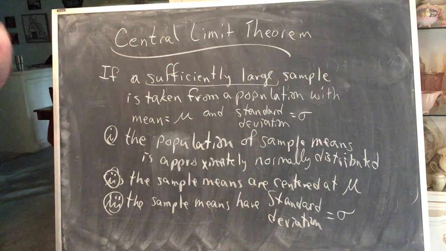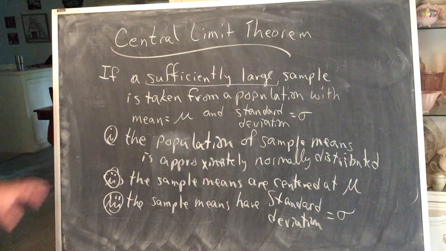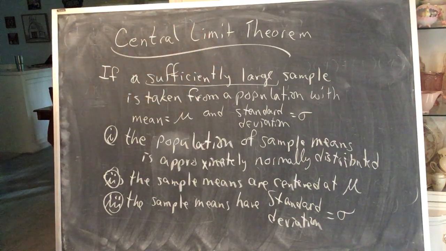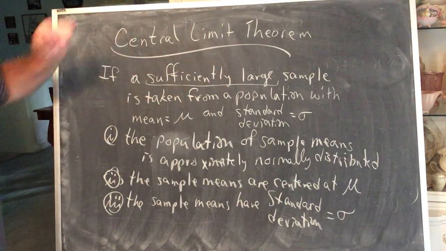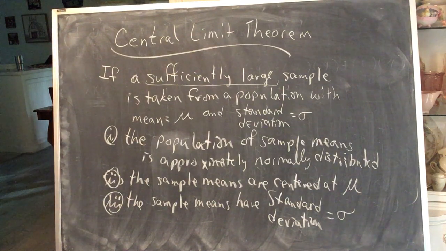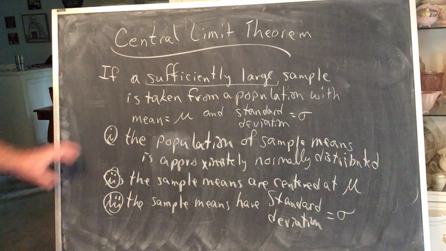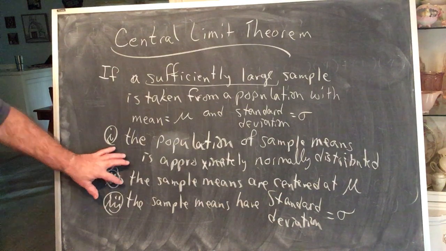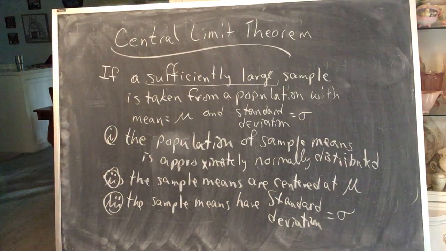It doesn't matter what the population is that you're dealing with. If the population has population mean mu and standard deviation equal to sigma, if you take a large enough sample from that population, then there are three things that are true. The population of sample means is approximately normally distributed. The sample means are centered at mu, and the sample means have standard deviation equal to sigma.